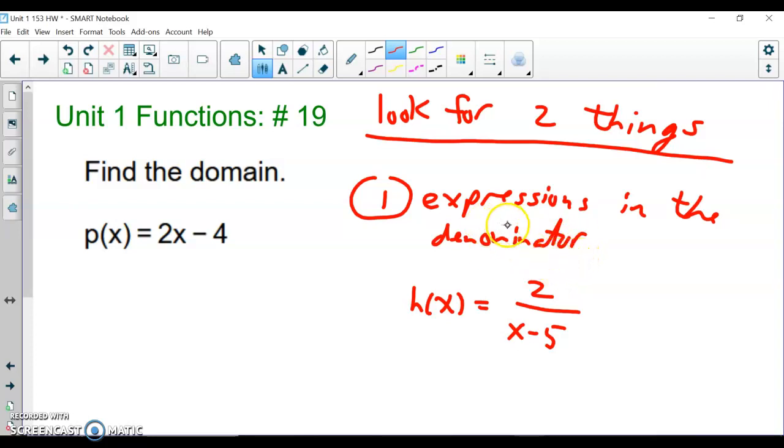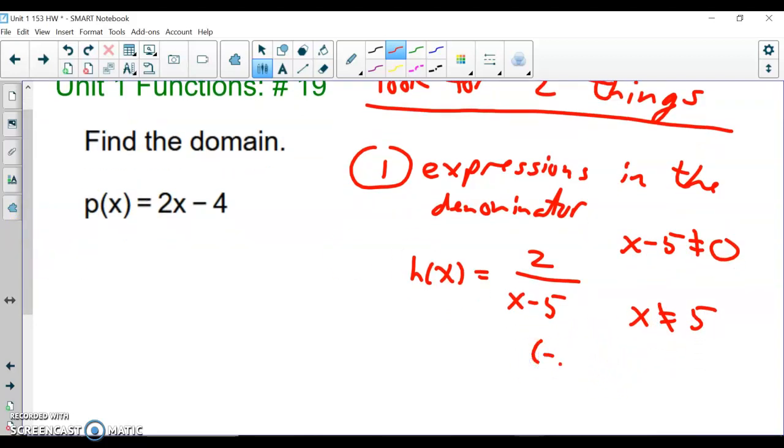So anytime you see an expression of x or t, whatever the independent variable is, in the denominator's place, you want to set that denominator to 0 and see if there's any value that's going to make it equal to 0, because if there is, that value can't be part of the domain. We can't divide by 0. So in this case, x minus 5 can't be 0, because we can't divide 2 by 0. If you solve for this, we find out that x cannot be 5.